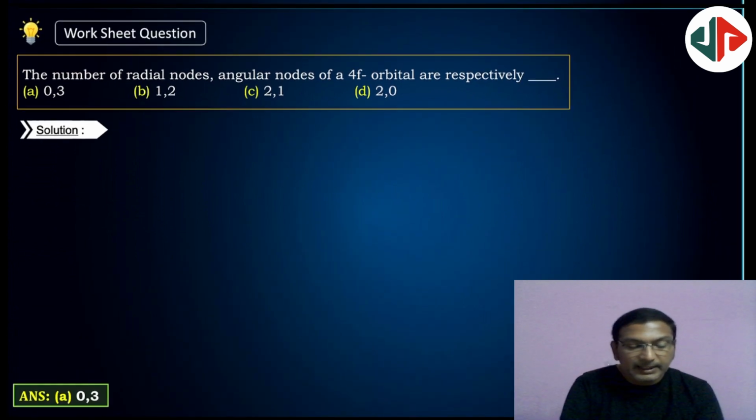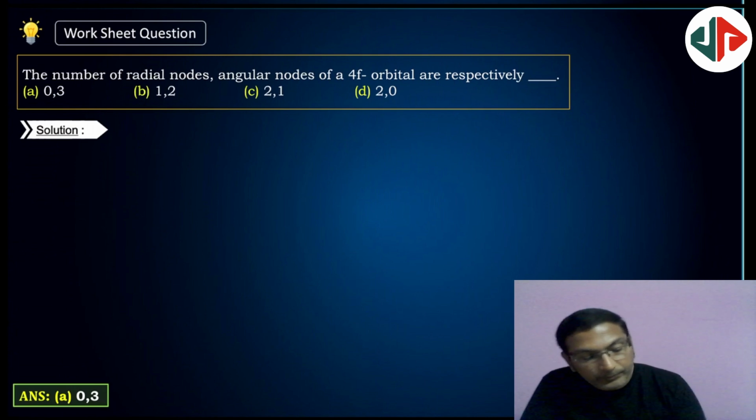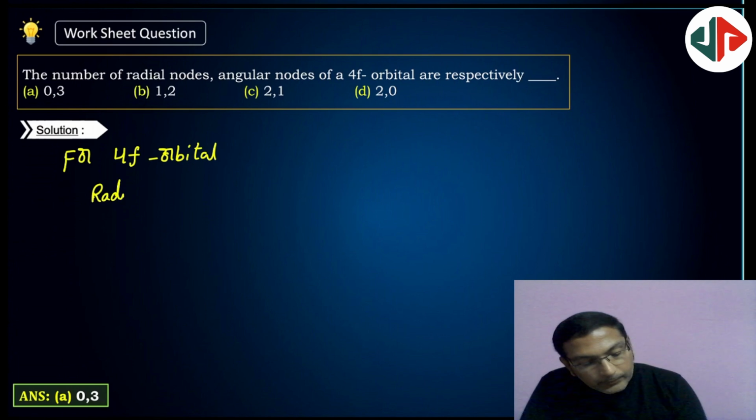The number of radial nodes, angular nodes of 4F orbital. For 4F orbital, radial nodes equal to n minus L minus 1. N is 4.